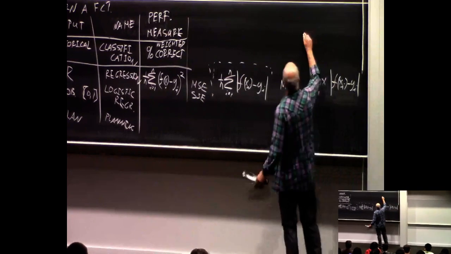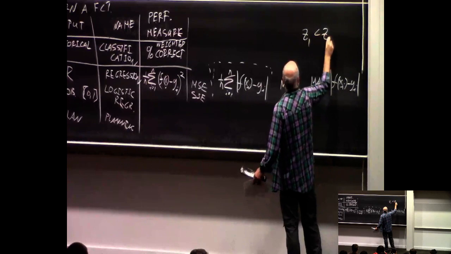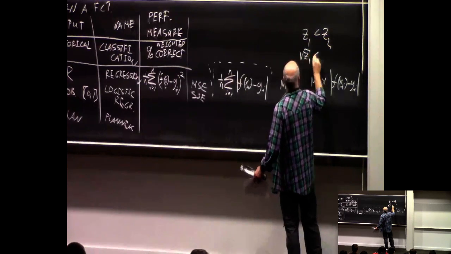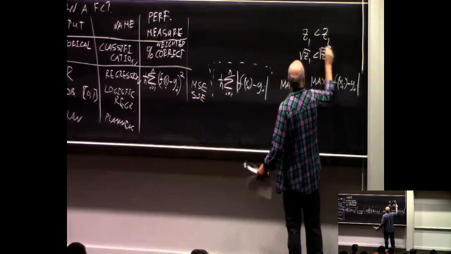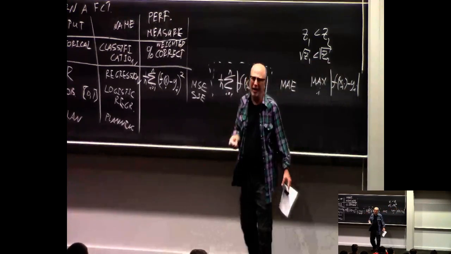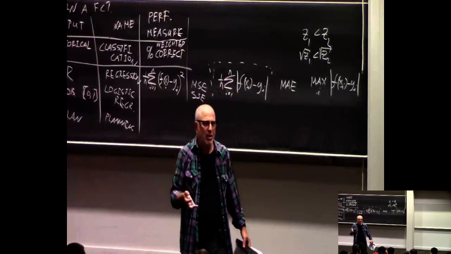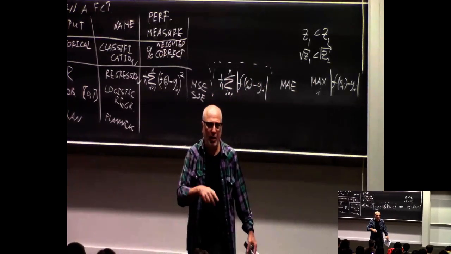If z1 is less than z2, then square root of z1 is less than square root of z2. So mean squared error and root mean squared error kind of measure the same thing. Why do we sometimes use RMSE? We'll talk about it in a minute.